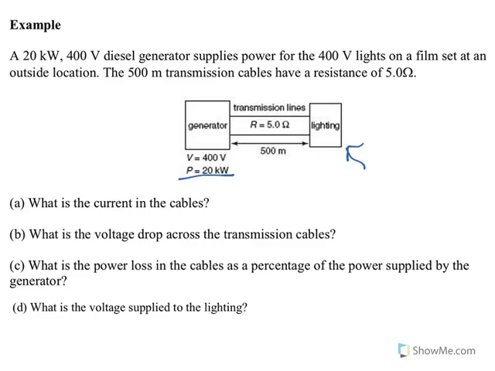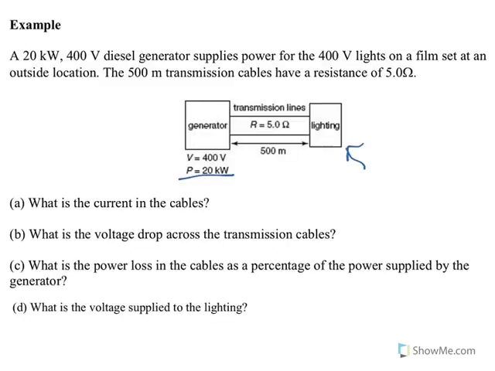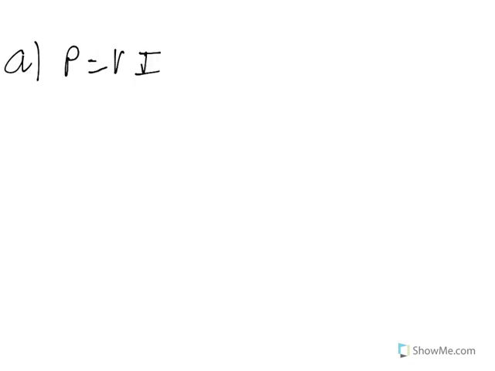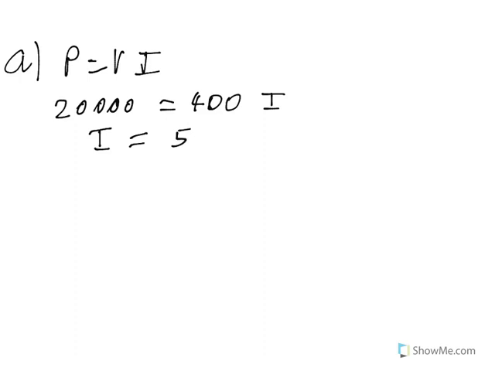If we use P equals VI, our power is 20 kilowatts, 20,000 watts, voltage was 400. What's the current? That's 50 amps, which is reasonably high.